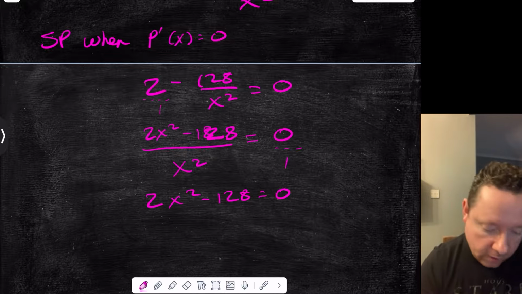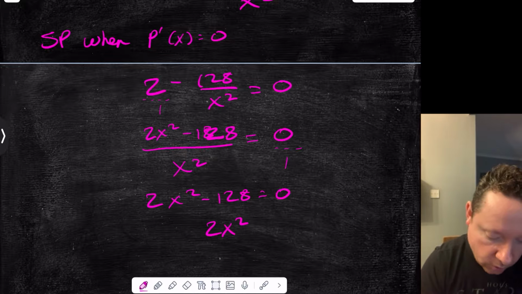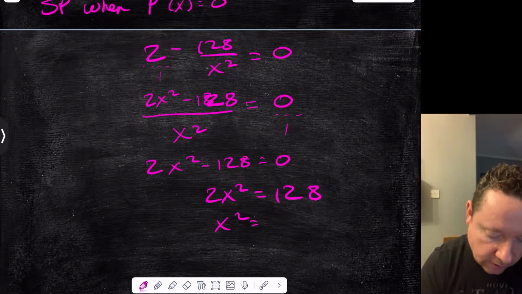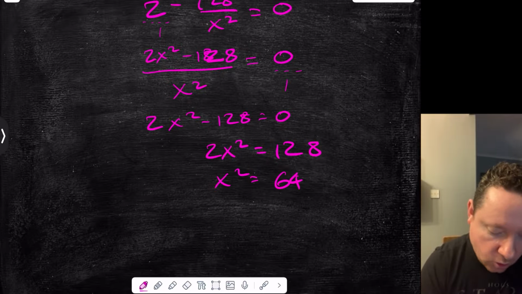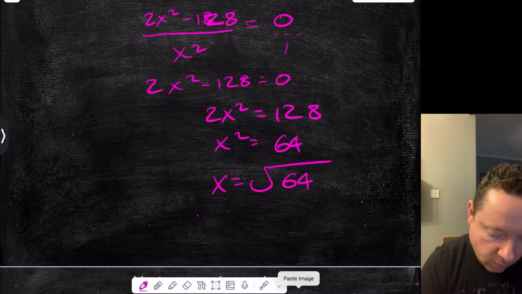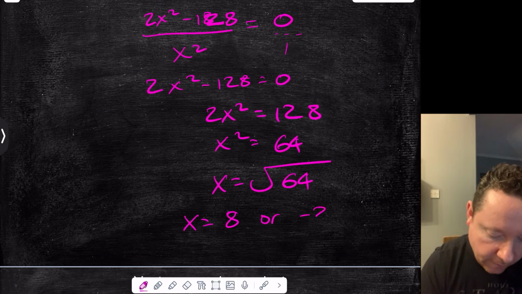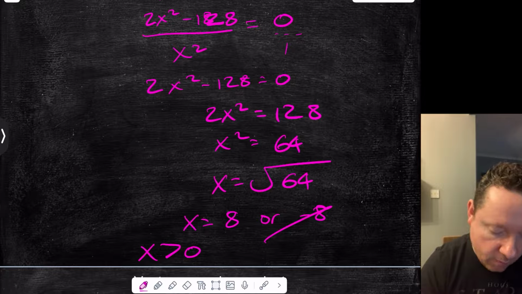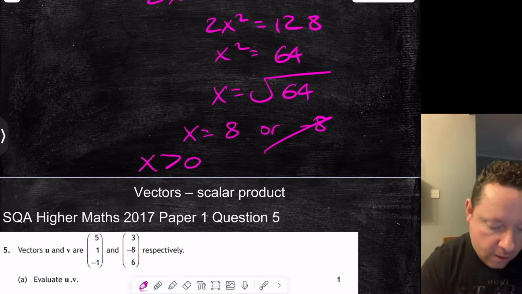Simply solve that one. We'll just say 2x squared is 128. And x squared then is half of that, which is 64. So x is the square root of 64. So x would equal 8 or minus 8, but x is greater than 0, so we can just disregard that one. So we've got x equal to 8.